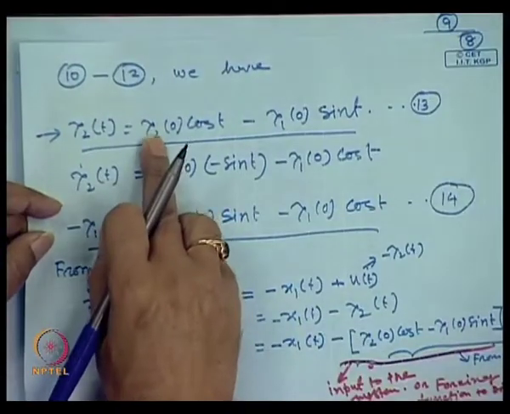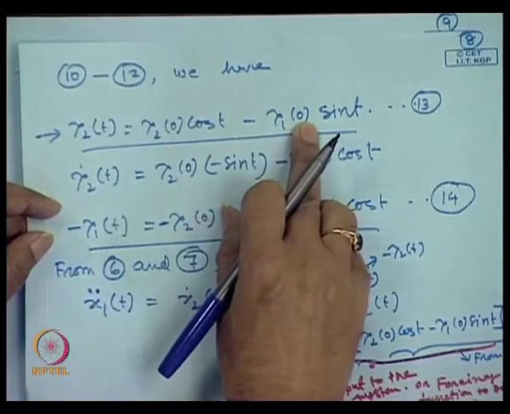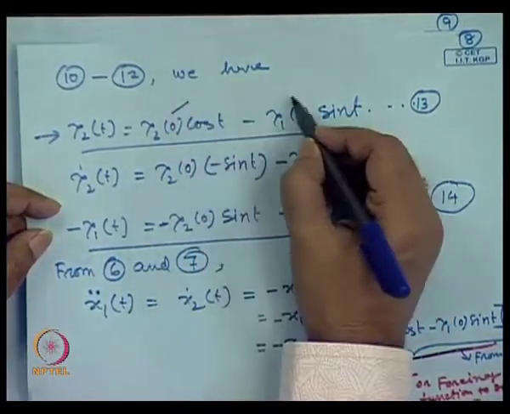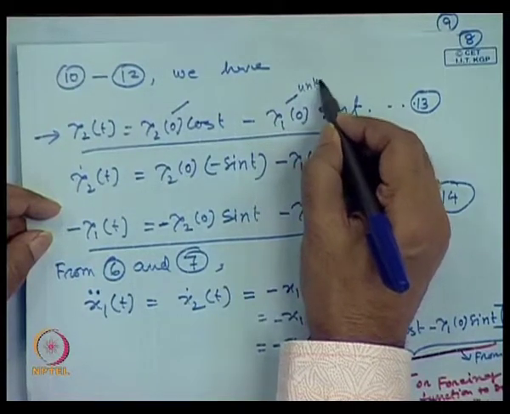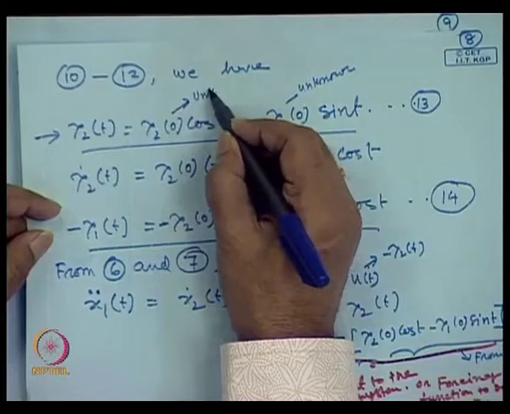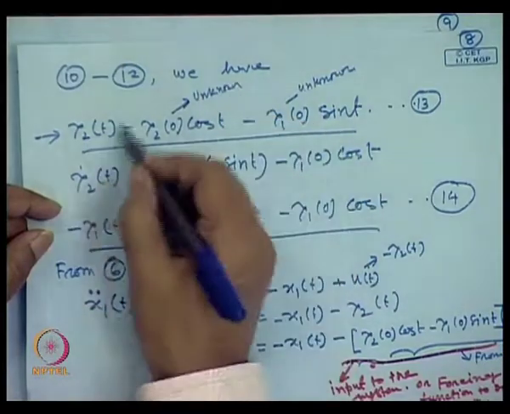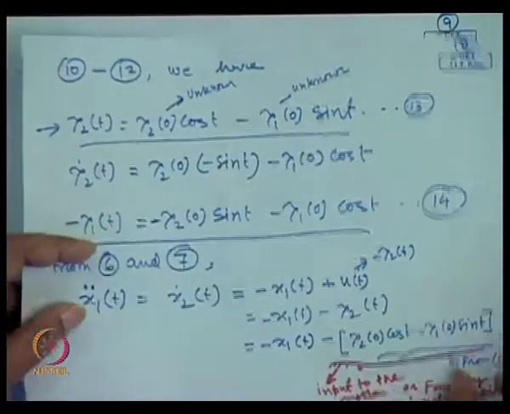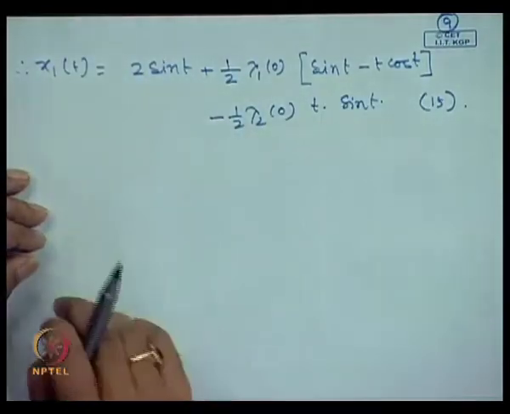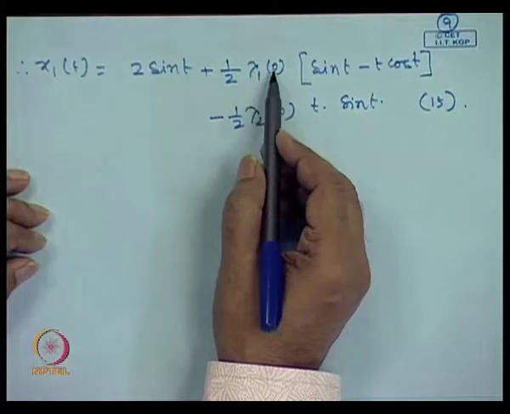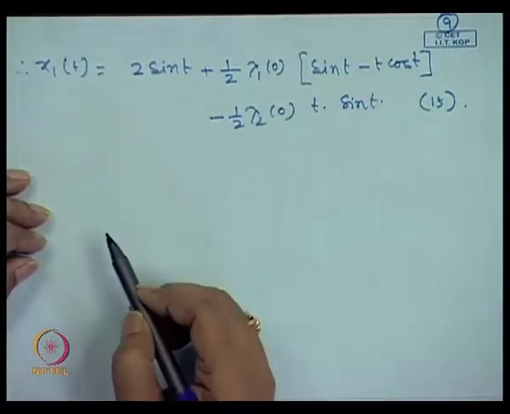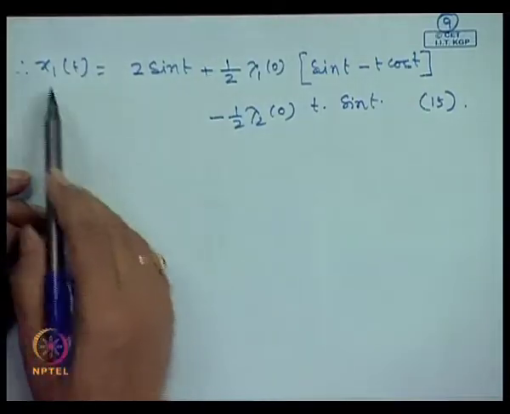But here lambda 1 of 0 and lambda 2 of 0 are unknown. So you have to find out these values. Then only lambda 2 is there, and once lambda 2 is there, we can find out the control law. So our trajectory is this one.